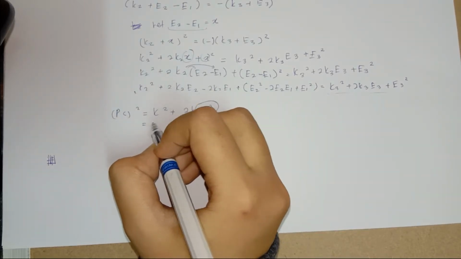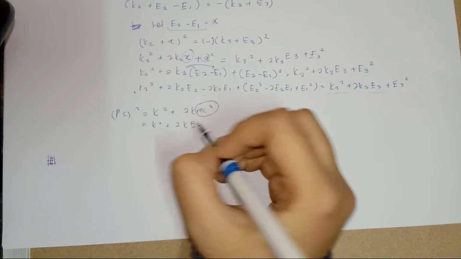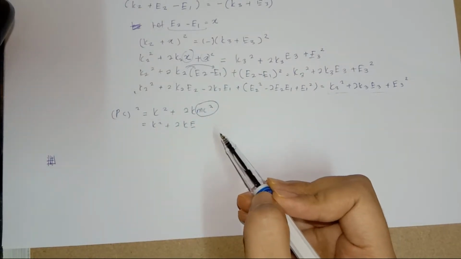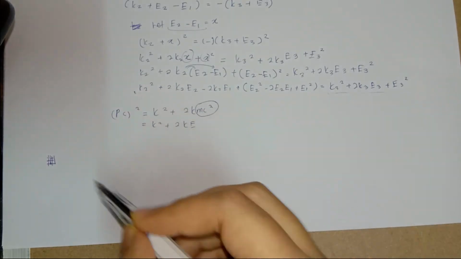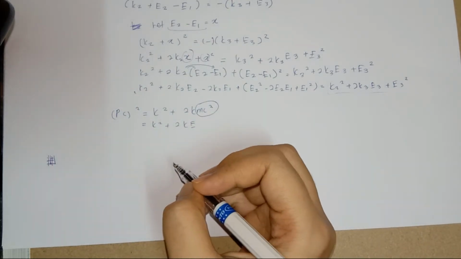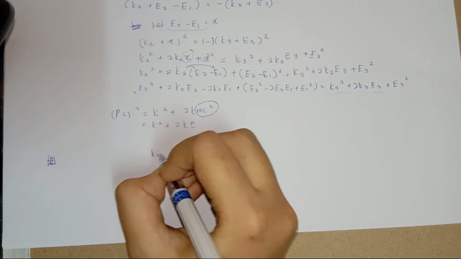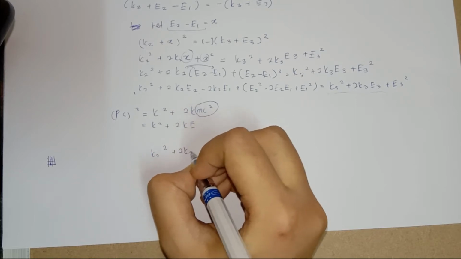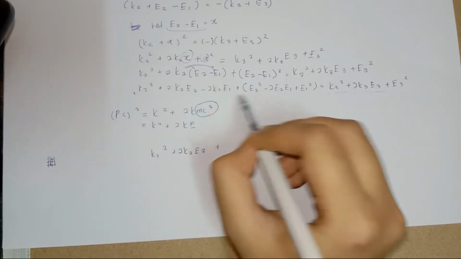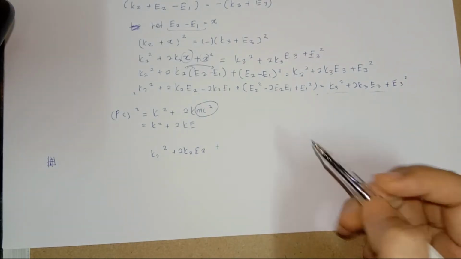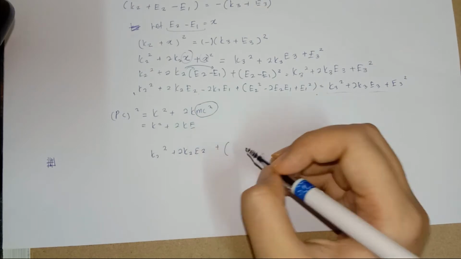Okay, so we're going to write it again: K squared plus 2KE. You're starting to see the pattern here, so you're going to take all the K2 and E2 into one equation. It is going to be like this: K2 squared plus 2K2E2 plus, we're going to rearrange this equation from here, plus I'm going to put a bracket here so that you can differentiate between what matters and what's not.